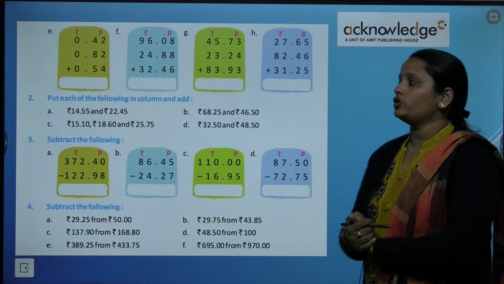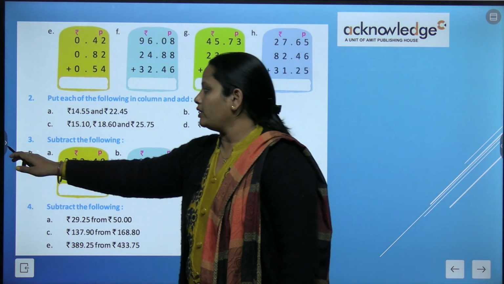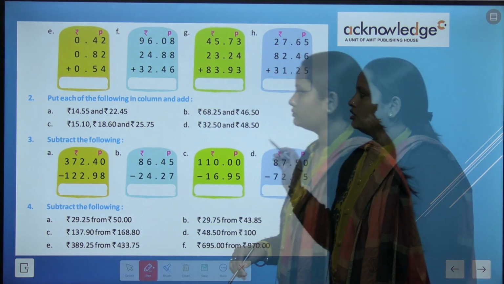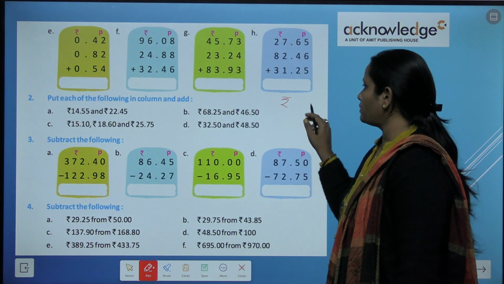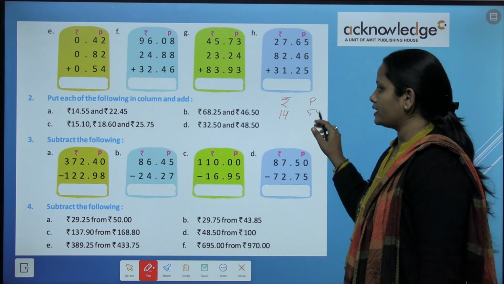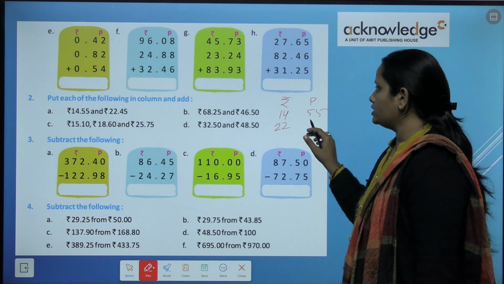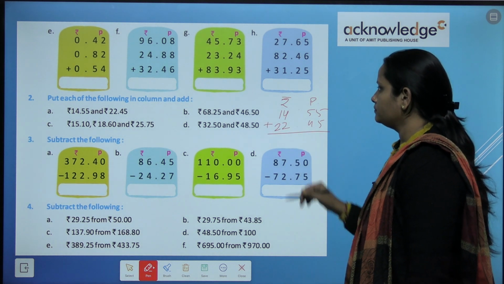Now children, let's move on to the next question. Put each of the following in a column and add. Column में लिखना है और इन्हें add करना है. So here let's do this one. Rupees and paisa we have written here. So 14 rupees 55 paisa and 22 rupees 45 paisa. Let's add them.